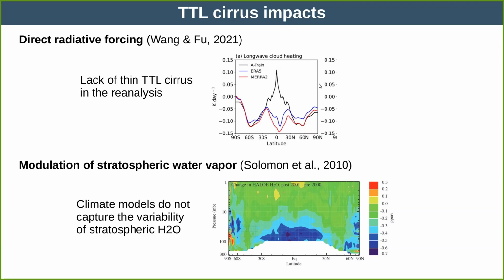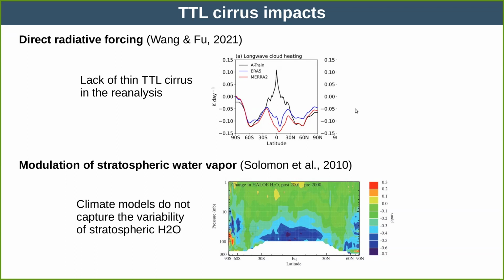They compare the long wave cloud heating retrieved from the A-train observations, so from space, and in reanalysis, in ERA5 and ERA2 reanalysis. And we see this huge gap in the tropics, with the reanalysis struggling to reproduce the long wave cloud heating, and actually even the sign of the cloud heating is different.